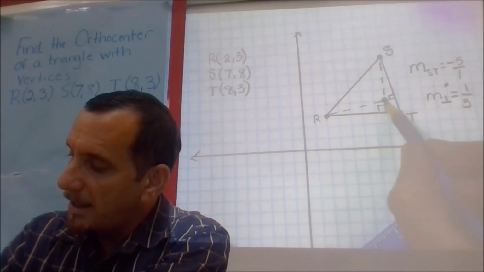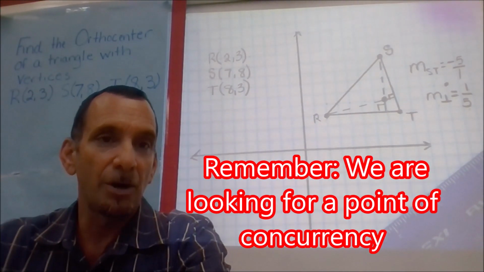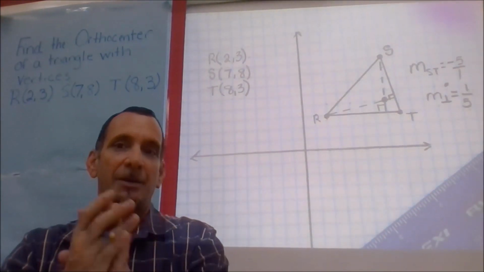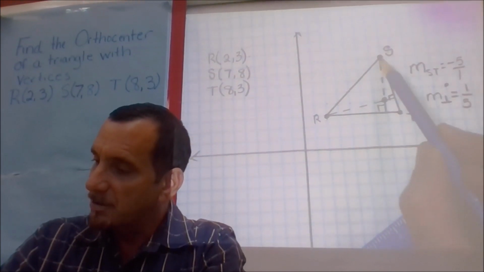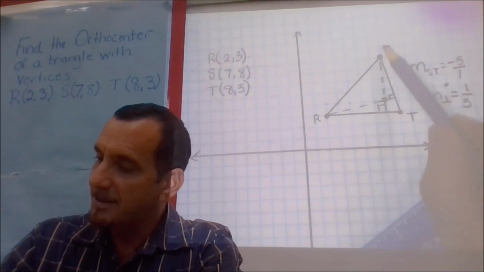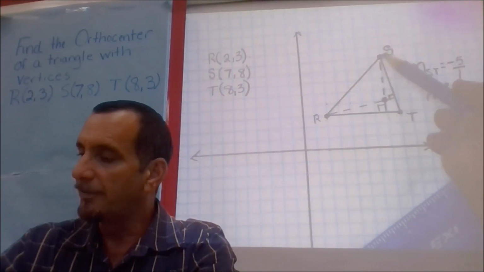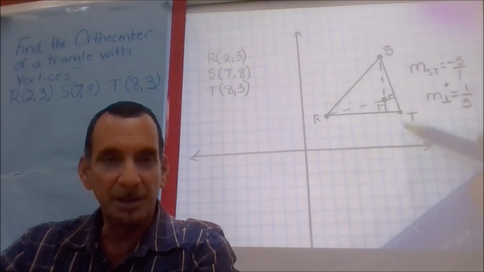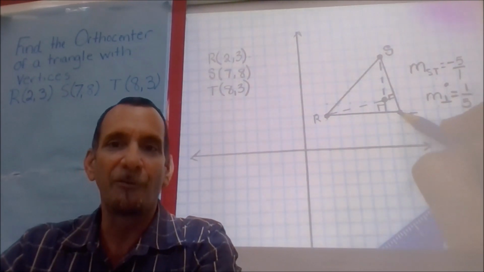And look, we already have found the intersection of two altitudes, which is our orthocenter. But let's do the third one just to make sure we did it right. So I did the altitude from S to RT. I did the altitude from R to ST. And now I would like to go and find what is the slope of RS, and then find the slope of the perpendicular line to RS and start at its opposite vertex.